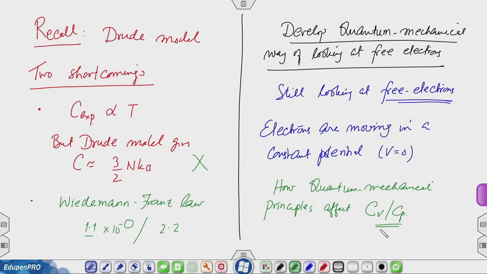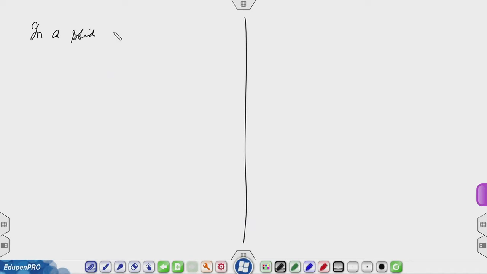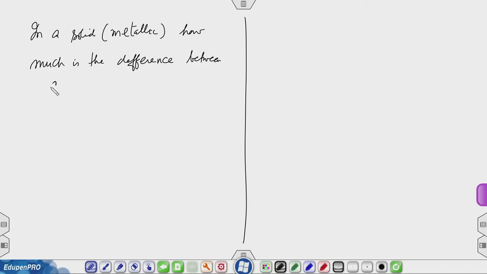Before I start, let me raise this question for you: in a solid, let us say it's metallic, how much is the difference between Cp and Cv?